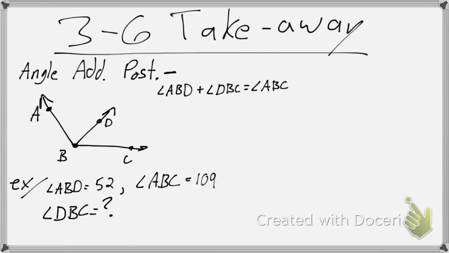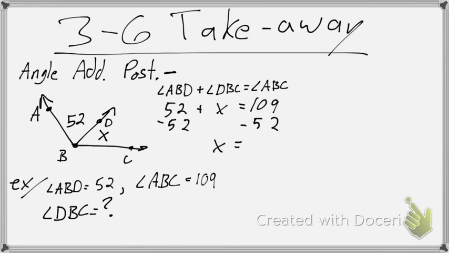Yeah, but wait. She said minus. I thought this was an addition. Well, you've got to use your big brains to understand that this smaller one's 52, this is the one we're looking for, and ABC is 109. So we would plug in 52 plus unknown equals 109, then subtract 52 and have it after some quick math.